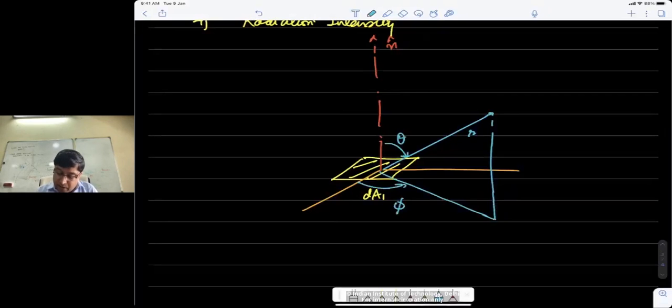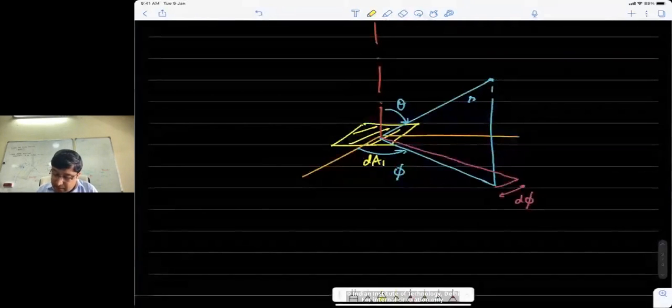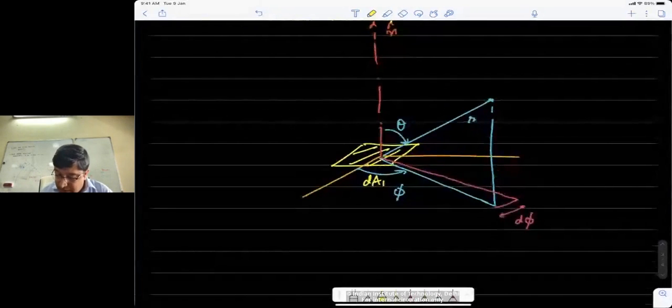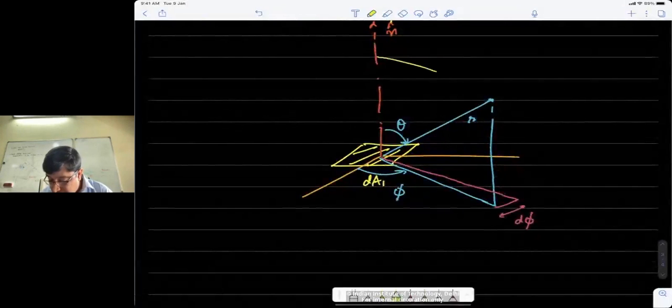If I increase in theta, I will have a small increment d theta, and if I increase in phi, I'll have a small increment d phi. The system would be something like this, so we'll have this angle as d phi. I hope it is visible. Now I'm going to connect these distances in terms of the radius r. Since r is fixed, let me draw a slice.